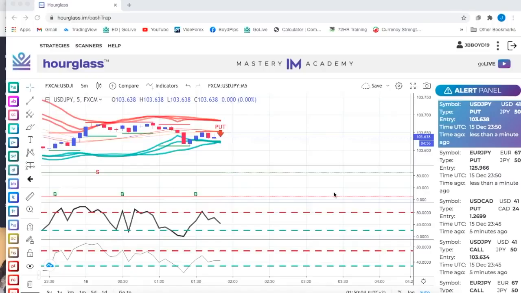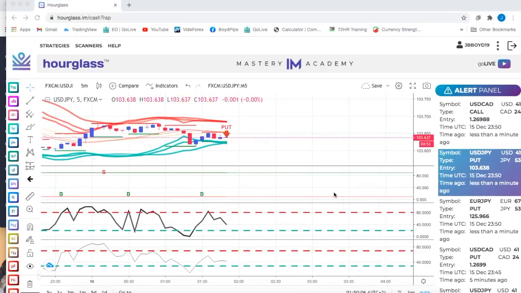Okay, so let's look at a few actual trade opportunities that we could take based on the new Cash Trap 2.0. Here it's just given us a put option near a resistance line, and if we look at USD to JPY on the currency strength, you can note that the first currency number is smaller than the second, and that means that we're looking for put option opportunities.